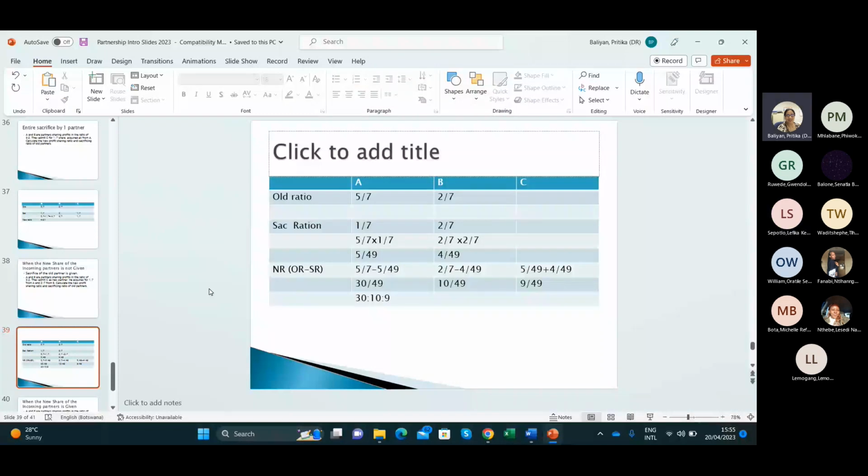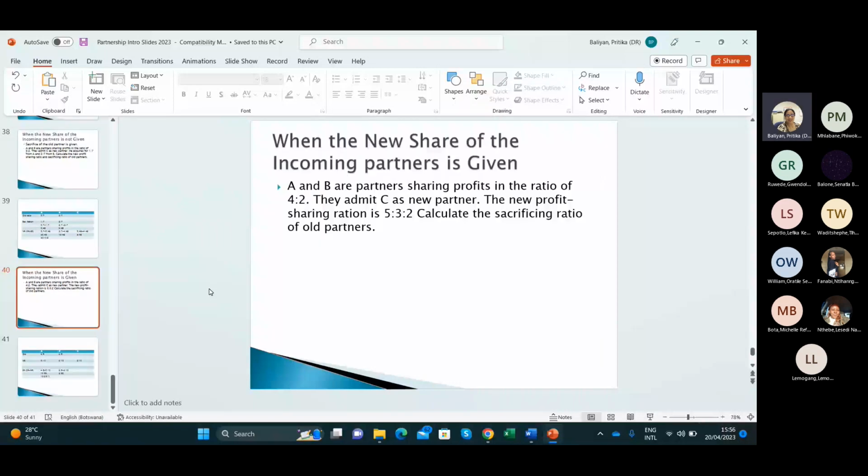And sometimes when the new sharing ratio is also given, in that situation we normally use the new profit and loss sharing ratio when the new partner is admitted instead of the old ratio. We can also calculate how much partners A and B sacrifice, but we do not really ask on that.